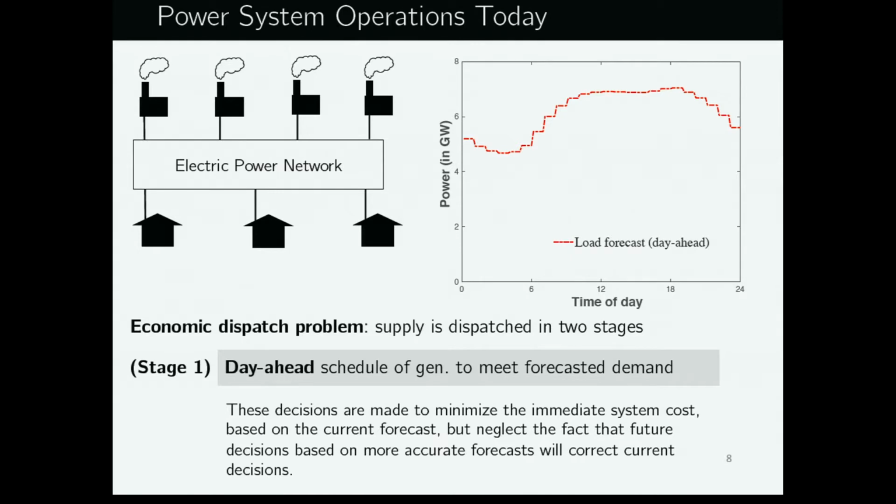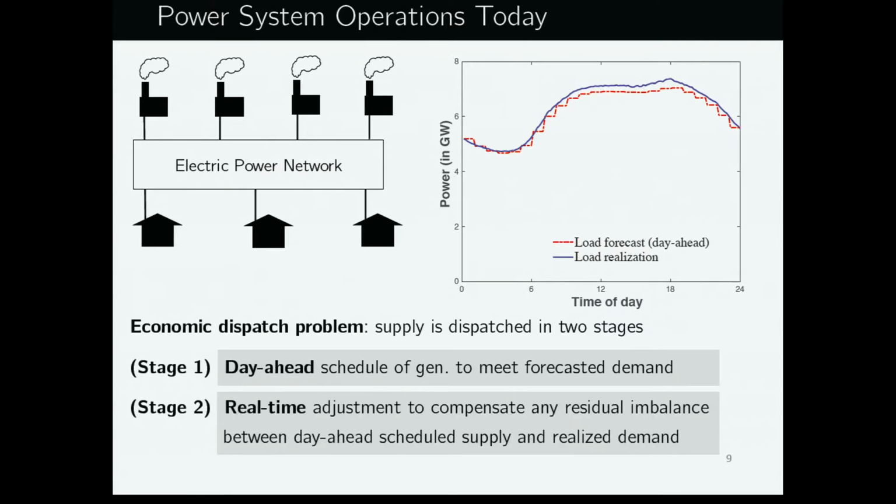This is done myopically in the sense that it doesn't take into account the fact that it'll have a recourse opportunity to adjust or compensate imbalances based on more accurate information in real time. So the real-time adjustment obviously will compensate any imbalances which are realized based on the day-ahead schedule, which was determined myopically. Okay, so this is a two-stage stochastic program or optimization problem which is solved in a decoupled fashion.